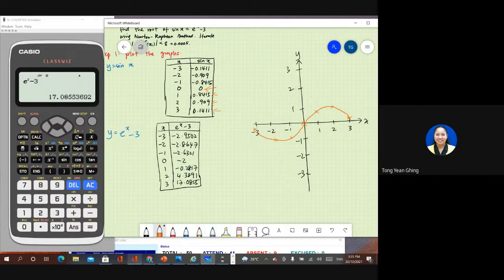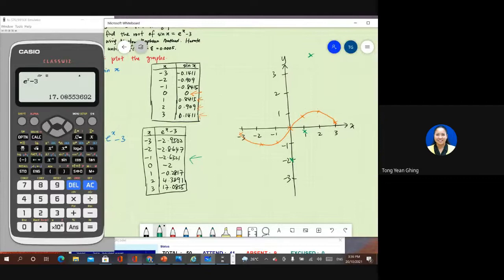Sine. And this one. Let's try this graph, e to the power x minus 3. If 0, the value is 0 for this one. Then 1 is negative 0.28. Like this. Then 2 is 4. Then 3.